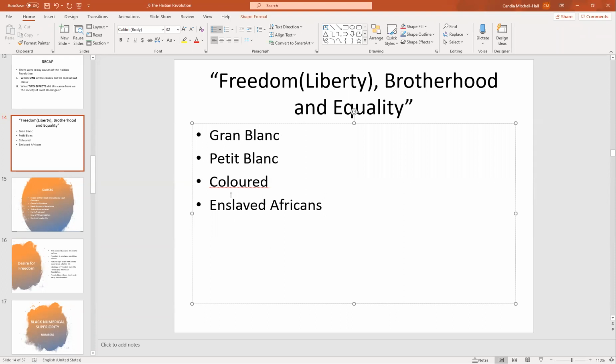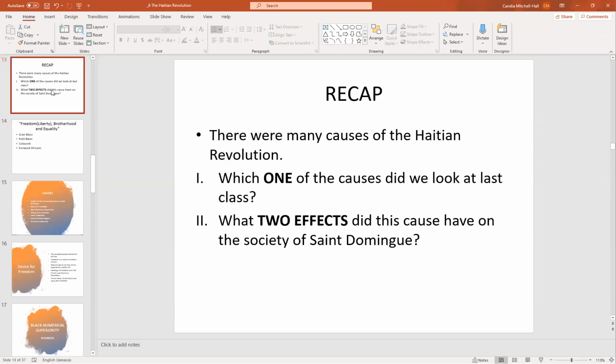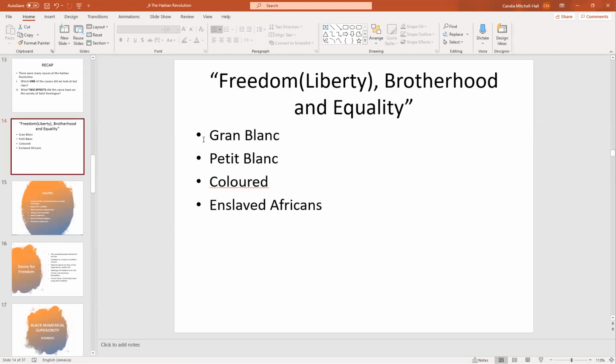So look at the question: which one of the causes did we look at last class? One was the impact of the French Revolution. The French Revolution had two effects on the colony of Saint-Domingue. One, each social group in Saint-Domingue applied the ideas of the French Revolution to themselves.